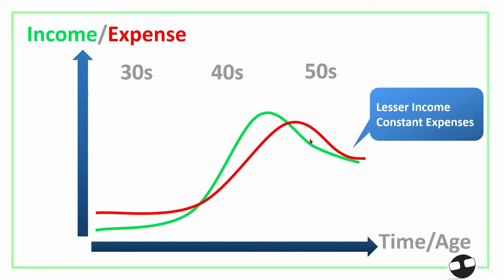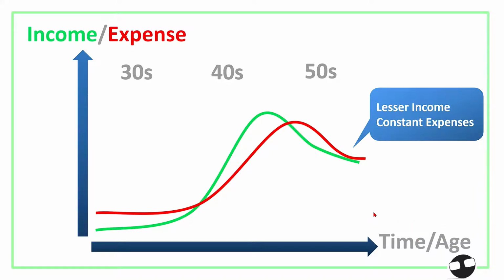So probably pag retire ka na, yung income mo na lang or source ng cash mo would be from your pension or kung meron kang business or investment. So that actually cannot maintain the income that you have kung ano ba yung income mo way back, yung peak ng career mo or yung peak ng business operations mo. So you will have this, all of us will actually encounter this, curve in our lives in relation to income, expense, and time or our age.